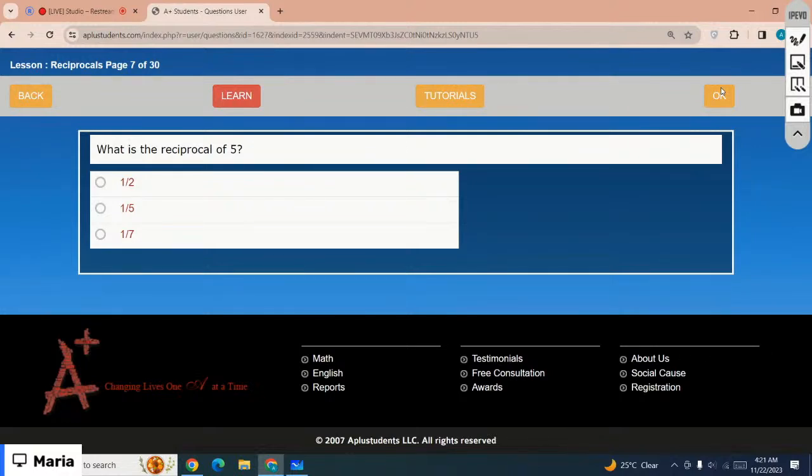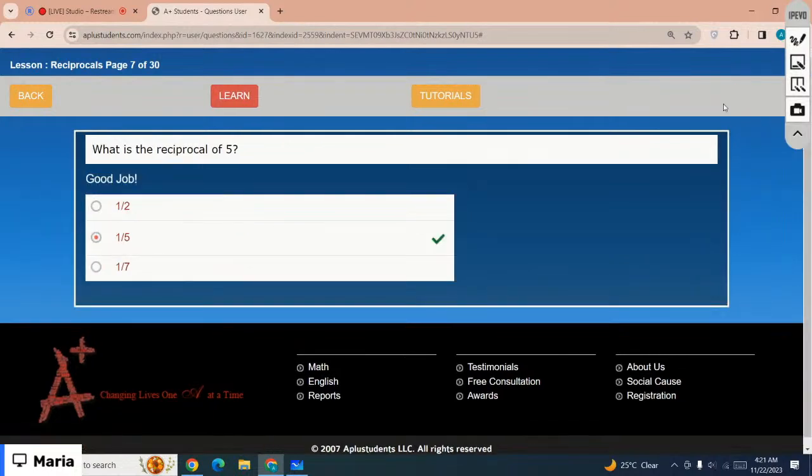What is the reciprocal of 5? Yes, the correct option is 1 over 5, right? Okay, you can complete the lesson by yourself later today. Let's just move on to the next lesson.